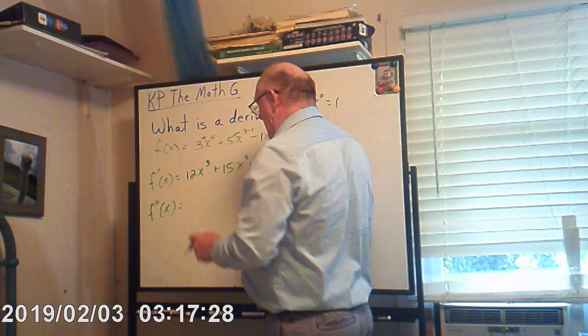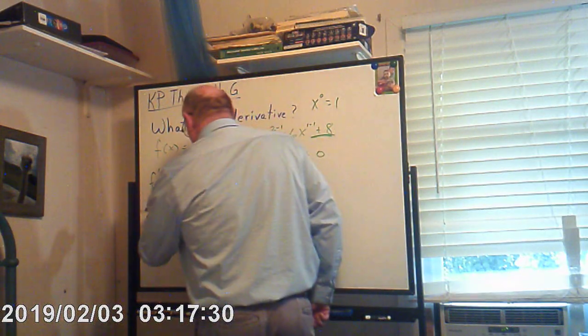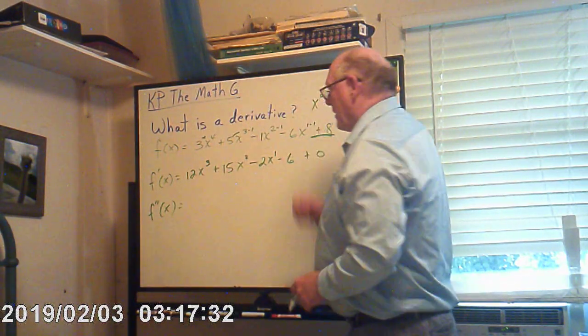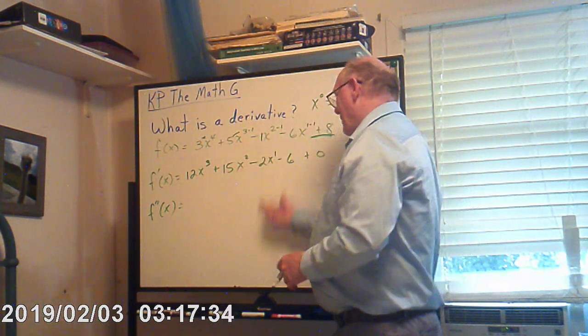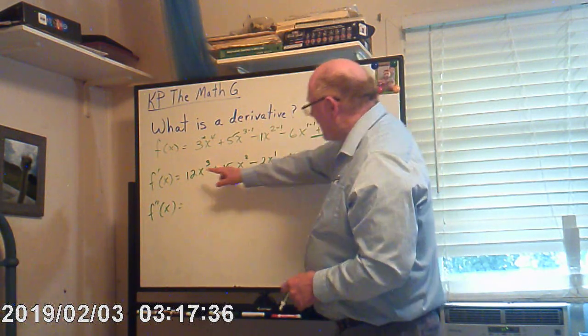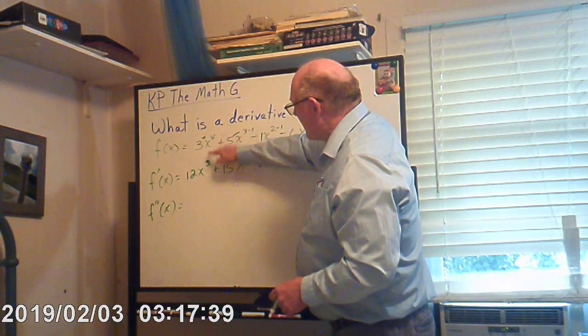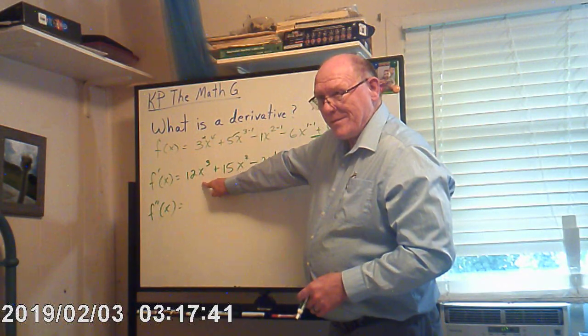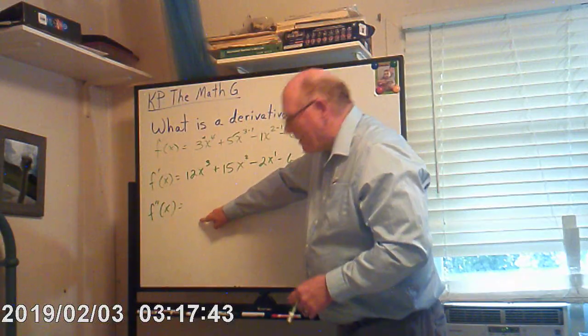Oh, I should have left the f prime there. Well, it is, it's right here. I thought I'd erased it. Now, don't go back to the original function. Go to the first derivative and take the derivative of the derivative.